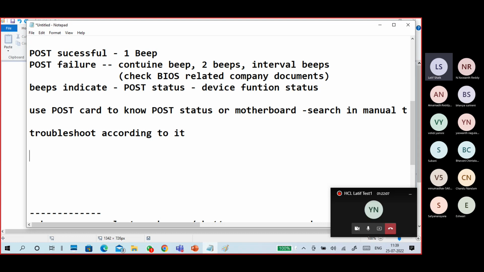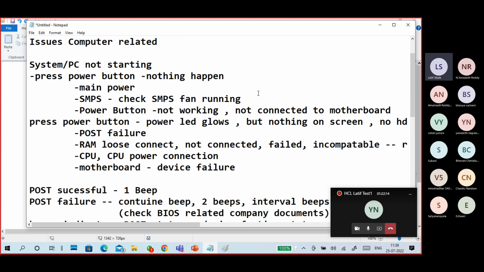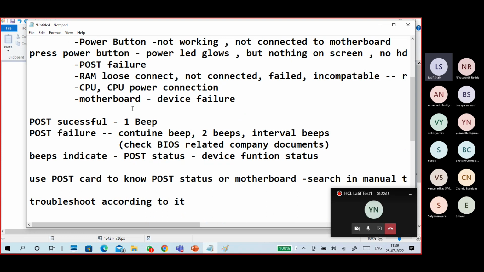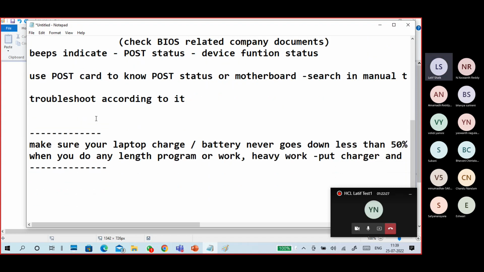Whatever it is, guys, I hope you understand the three things I told you now. One is that the system is not powering on. What is the issue? A POST failure related issue. You press the power button, the power LED is there, but nothing happens on the system. Understand POST related issues, guys.